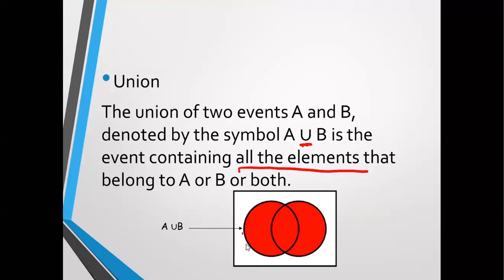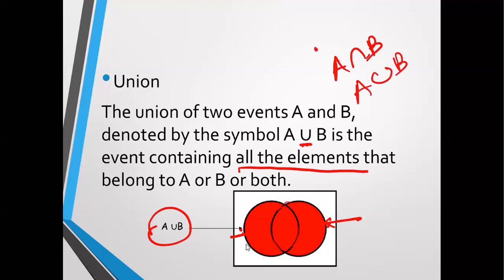All three regions need to be considered for A union B. Now we discussed A intersection B, A union B, and A complement or A dash.